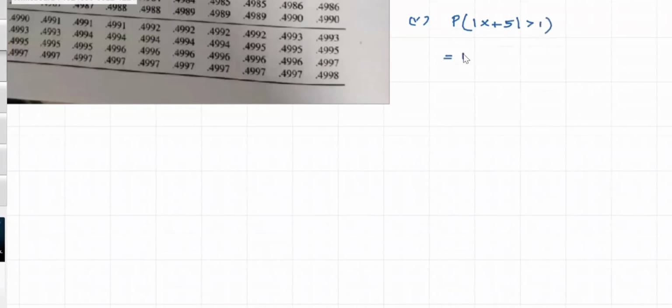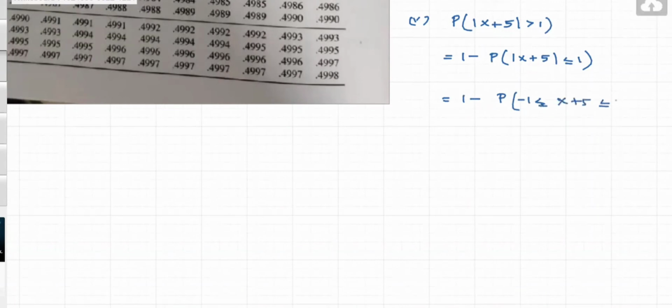So I can write it as 1 minus probability of mod of x plus 5 less than 1. Because x plus 5 greater than 1, the opposite is x plus 5 less than 1, and we know that the total probability is 1. That's why we are taking 1 minus probability of mod of x plus 5 less than or equal to 1, which means 1 minus probability that -1 less than or equal to x plus 5 less than or equal to 1.